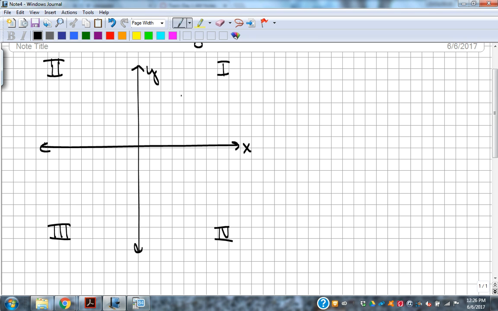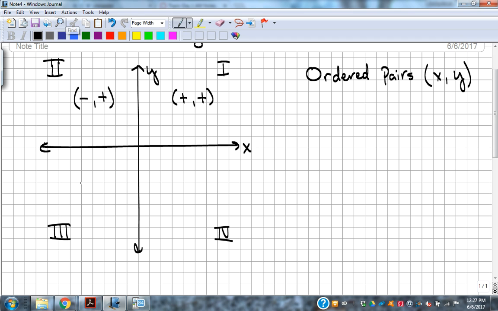In quadrant I, remember that the x values are always positive and the y values are always positive. What I'm referring to is the ordered pairs or coordinates. X first, y second. Always x first, always y second when you're dealing with ordered pairs. In the second quadrant, the x's change to negatives, the y's are still positive.